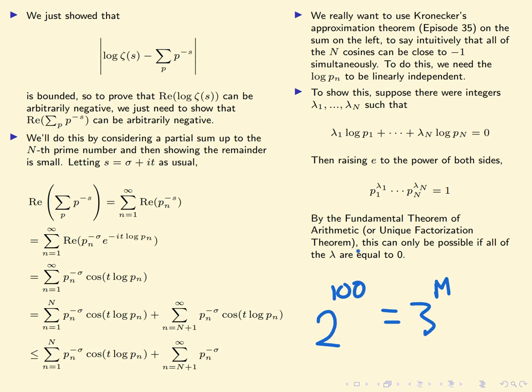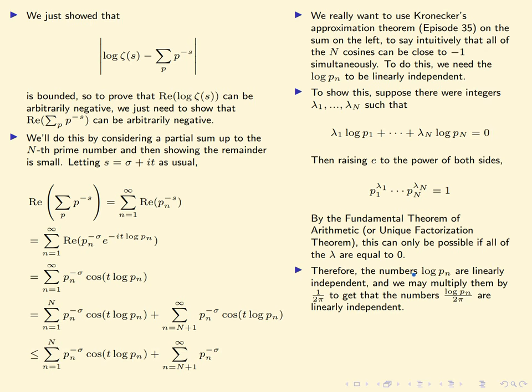So therefore, it must be the case that if 2 to the capital P power equals 3 to the capital M power, and P and M are both integers, then P and M must be equal to 0. And this is just trivially saying that 1 is equal to 1. Okay, so therefore, all these log of p sub n's are linearly independent, and therefore we may multiply them by 1 over 2 pi to get that all of these log of p sub n over 2 pi are also linearly independent.